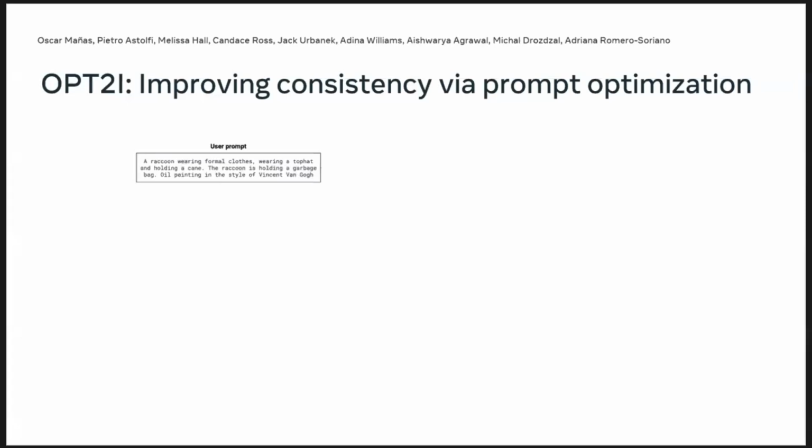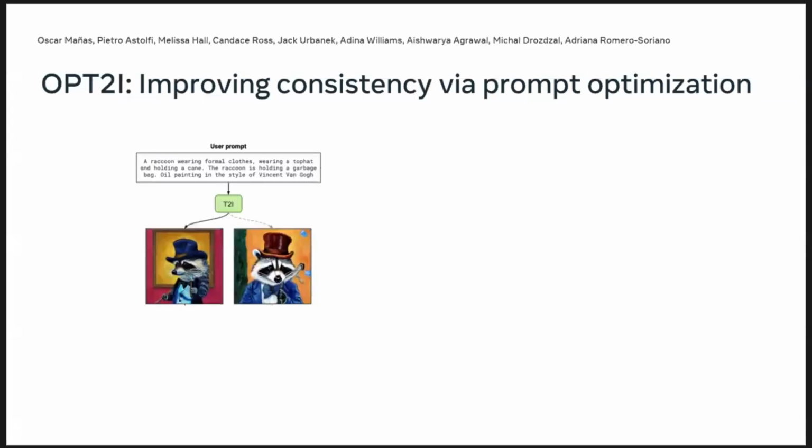We feed this prompt to a pre-trained state-of-the-art text-to-image model, and we get some generations. What we can see here is that these generations partially cover what was requested in the prompt, but some of the elements are missing. For example, we don't see the garbage bag that was requested through the user prompt in this case.